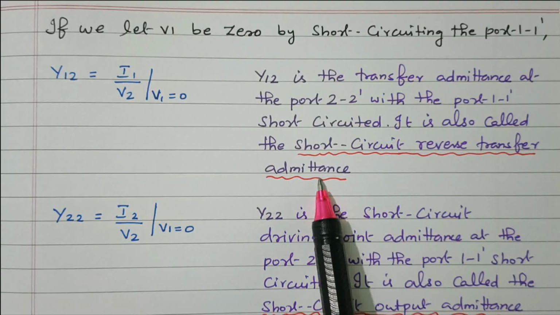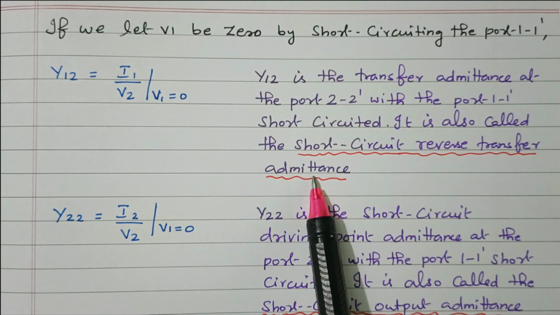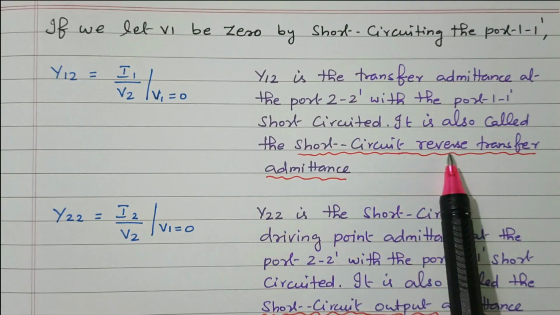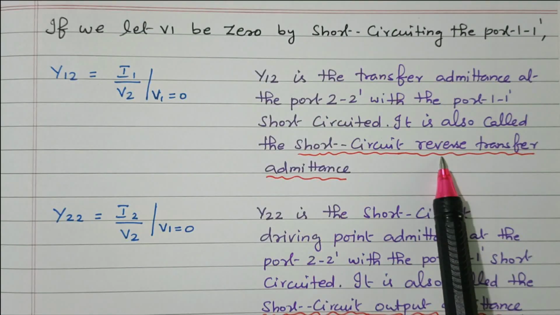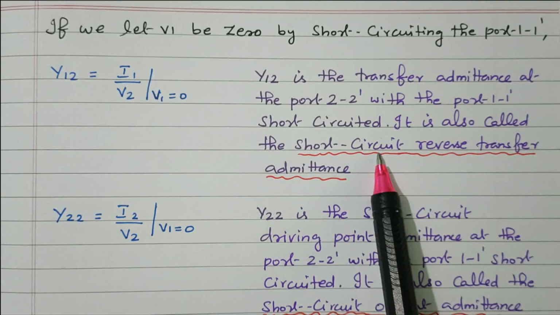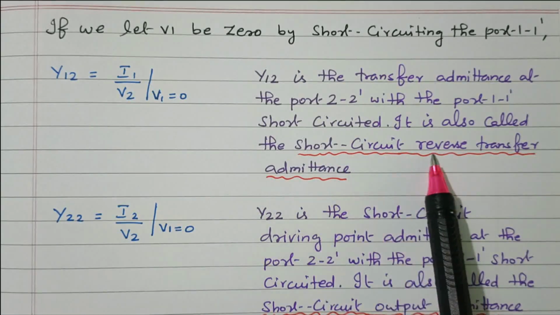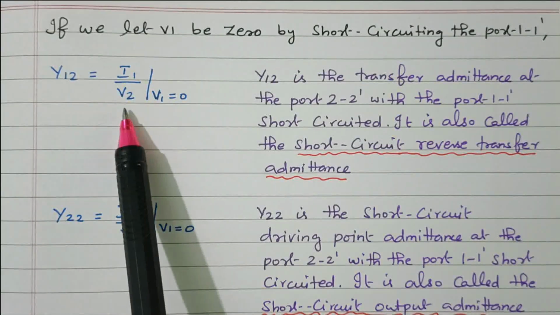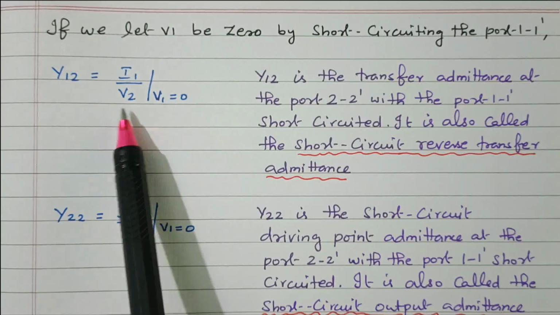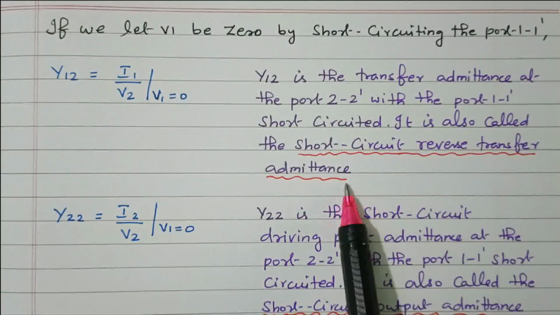It is called a transfer admittance because input and output are both involved. It is also a reverse transfer; earlier we calculated the forward transfer. With the input side short circuited, it is the reverse transfer admittance because the current is at the input port and the voltage at the output port.